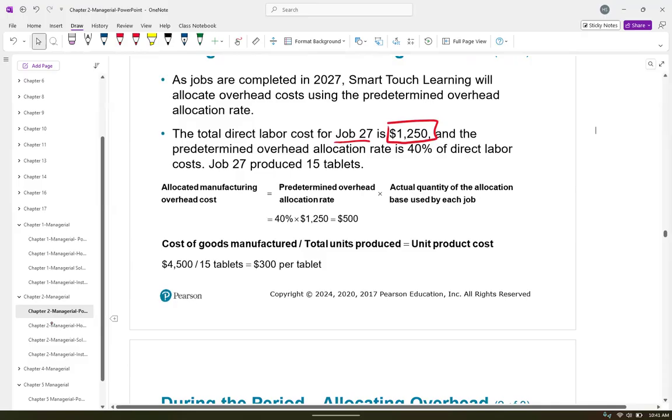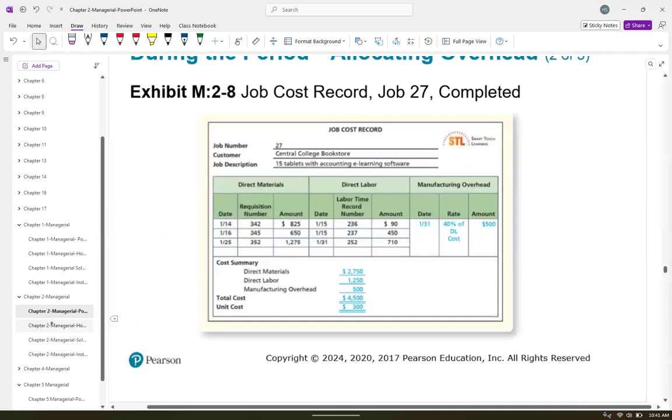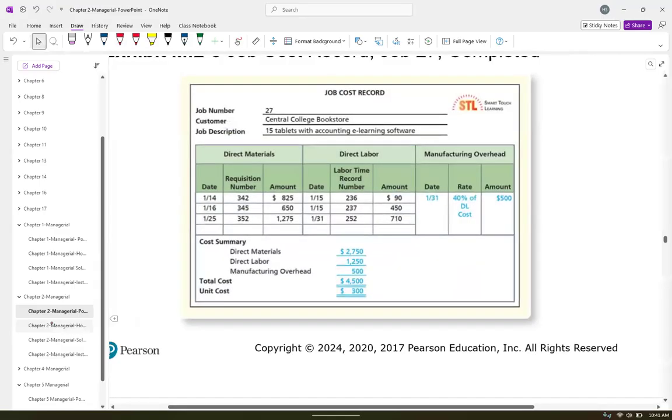So all we're going to do is take our rate, 40%, multiply it times 1,250. That gives us $500. Okay, $500 will be allocated to overhead. So right here, we have our direct material, direct labor, manufacturing overhead. There's our 500. We just applied it based on that percentage.